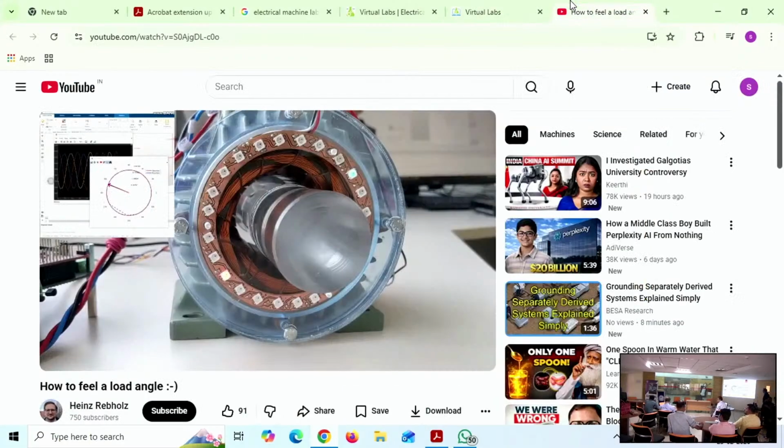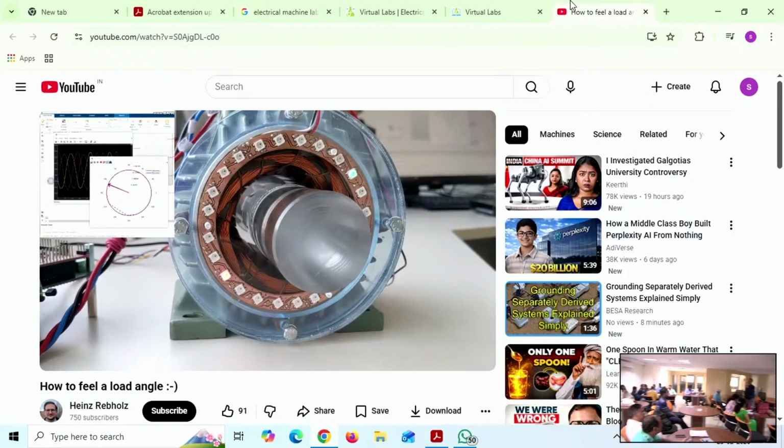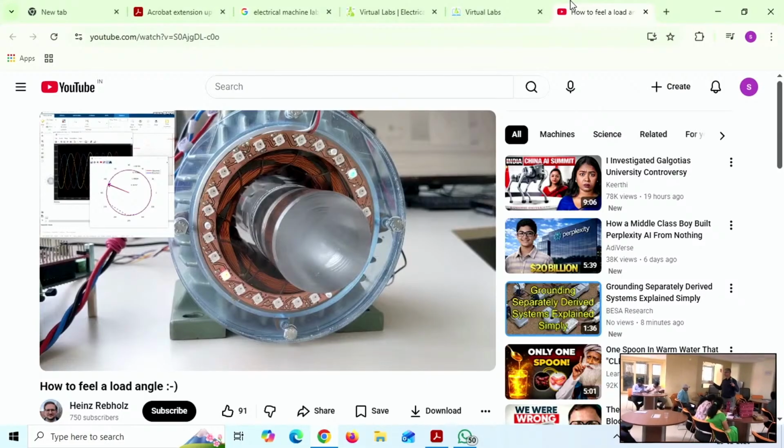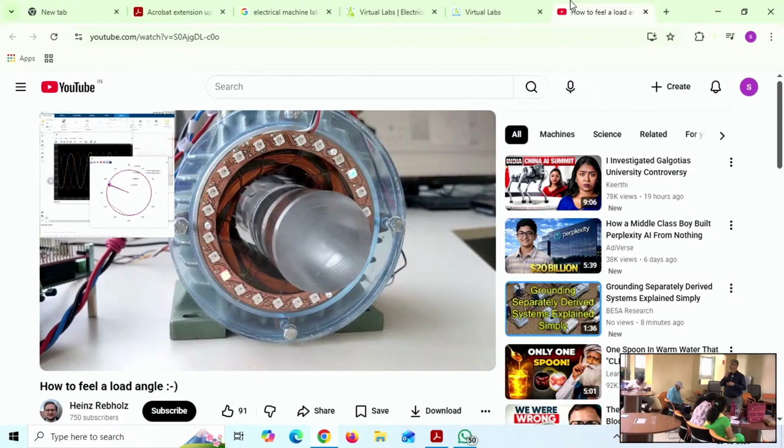Load angle, torque angle, or the angle between the stator axis and rotor axis is the same thing. If you go back to those handling power systems, they can easily correlate. Power is equal to V1 V2 by X sin delta 1-2, between two buses. This is the angular difference between bus 1 and bus 2.